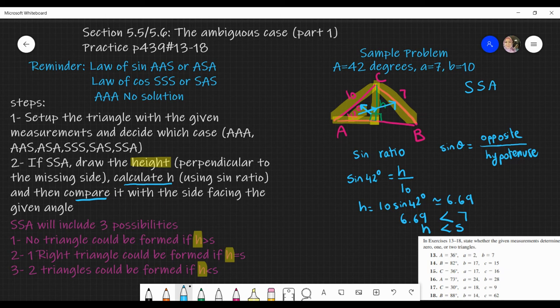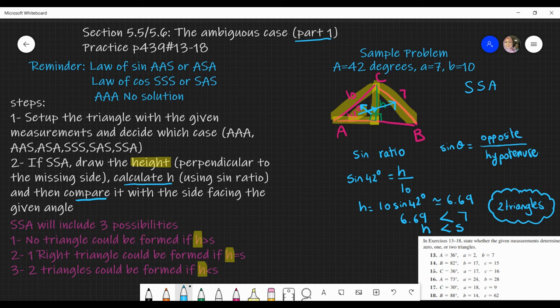When the height is less than the side, this is when we get two triangles formed. So that's my decision. I didn't solve for the triangles yet, and that's why it's only part one of the ambiguous case: deciding whether there's a triangle to solve for, or two triangles, or no triangle. So I got two triangles in this case.